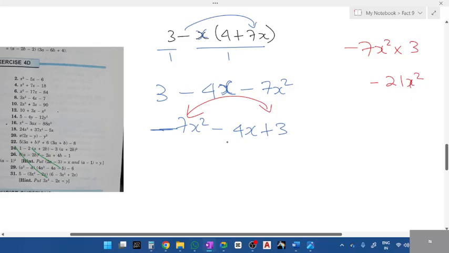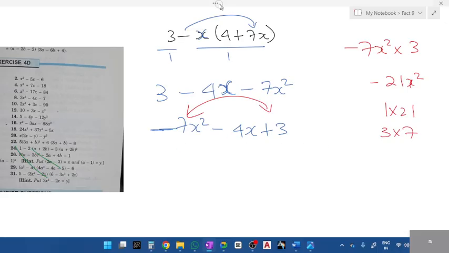Tell me which one gives minus 4. 1 into 21 next. 3 into 7. We are getting this right.